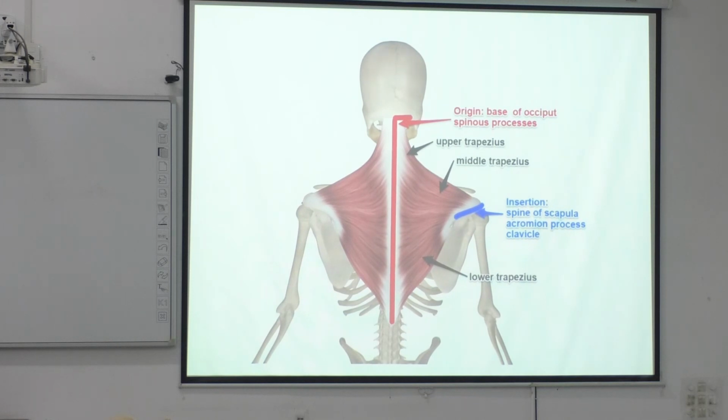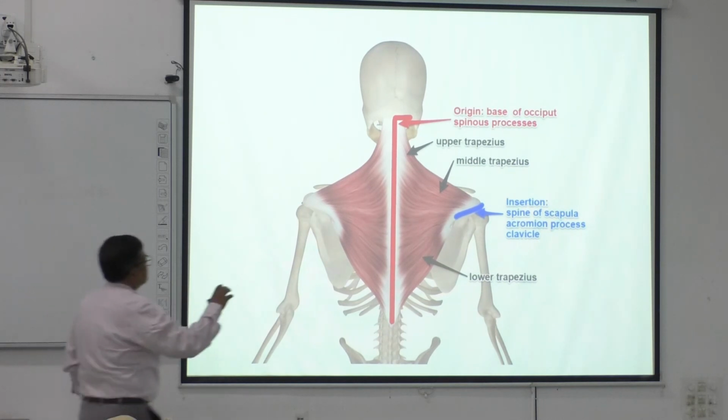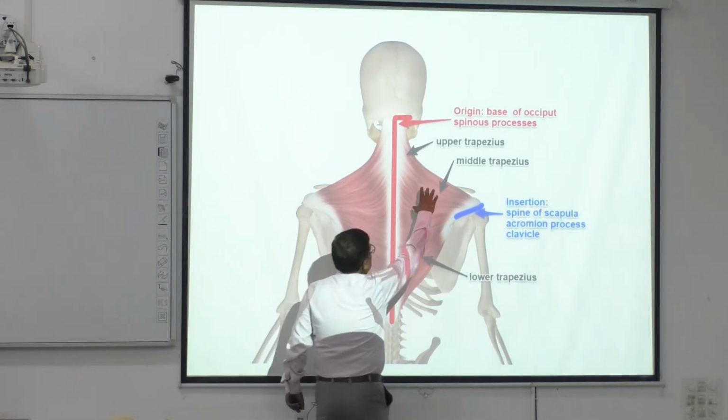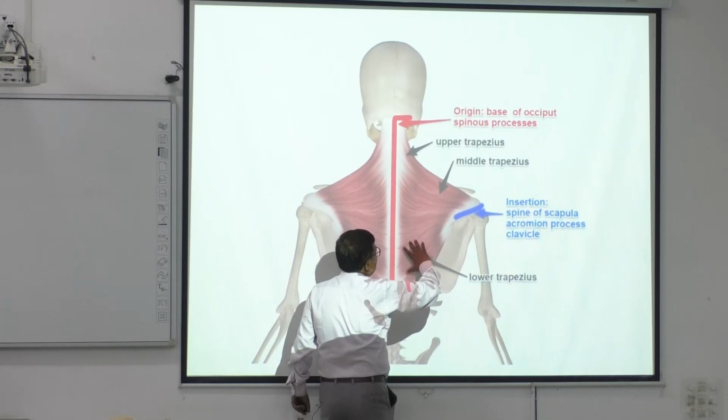Insertion. You have all read it, you don't remember. Inner side of the clavicle. Trapezius has upper fibers and lower fibers.